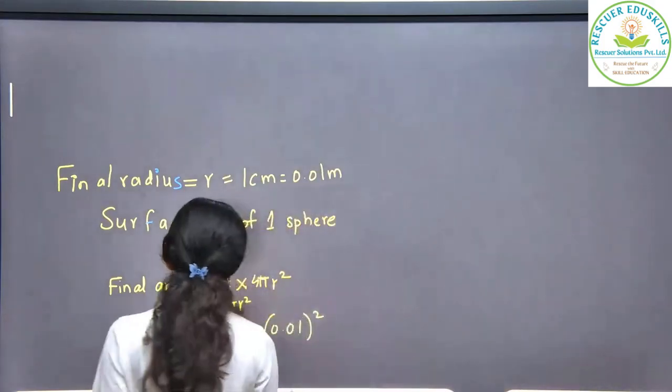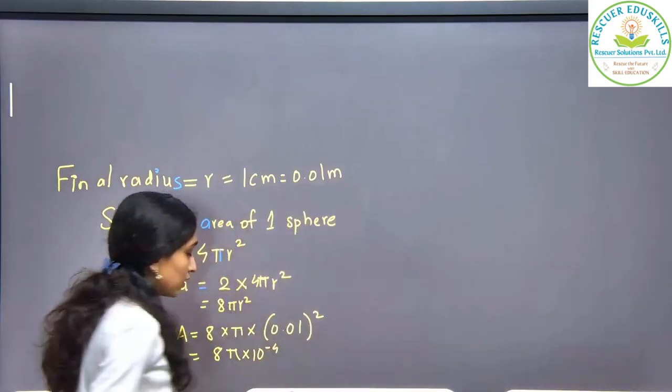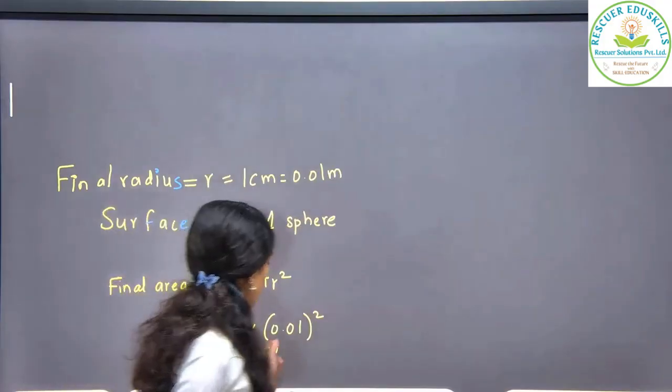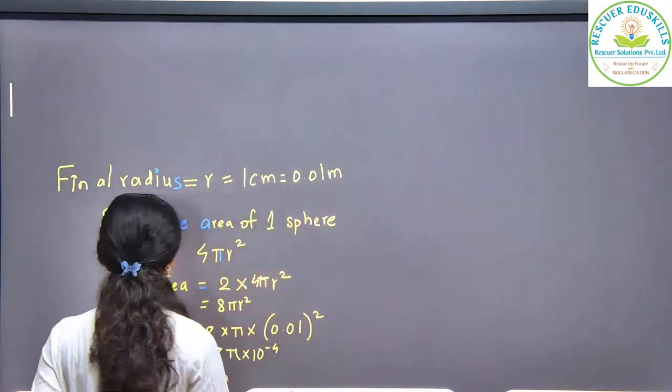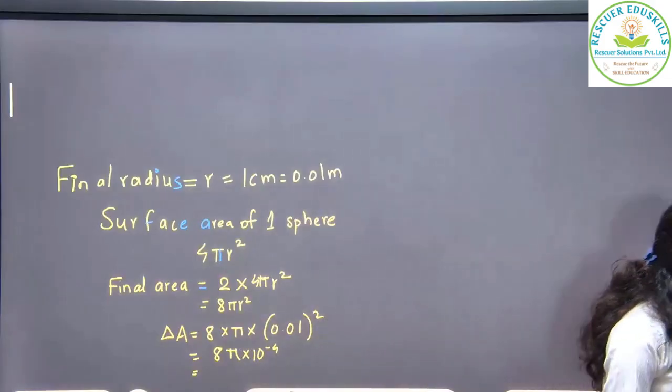So we can also write this as 8 pi into 10 to the power minus 4, right? So calculate this and tell me the values. I will write on the board eventually, but you try to calculate.